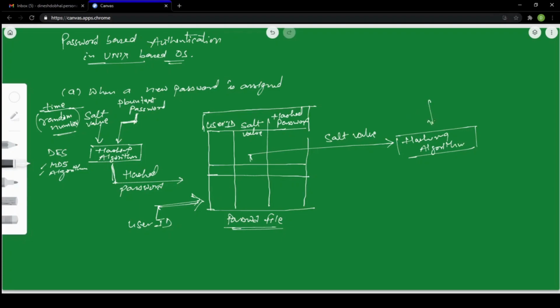This hashing algorithm is also provided the password given by the user at the time of login.